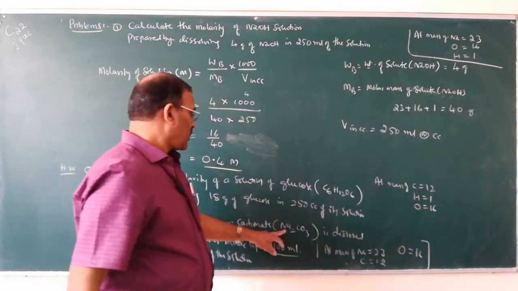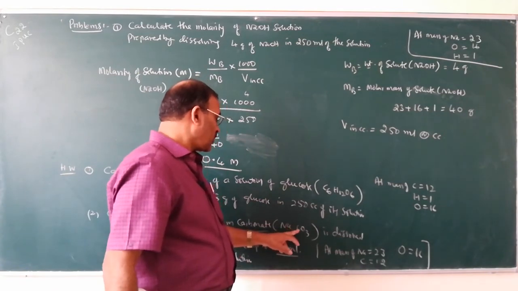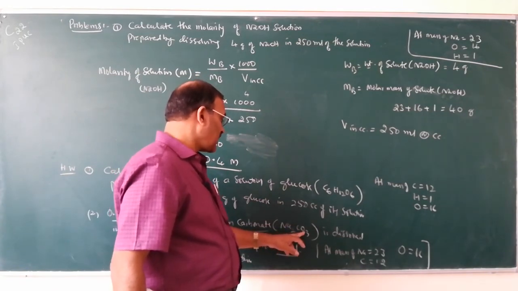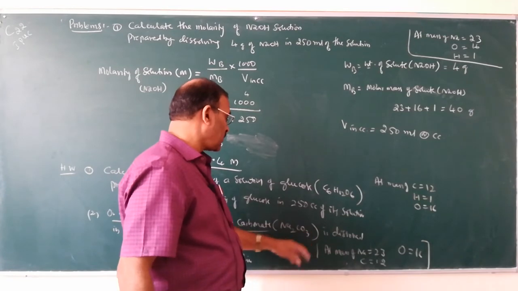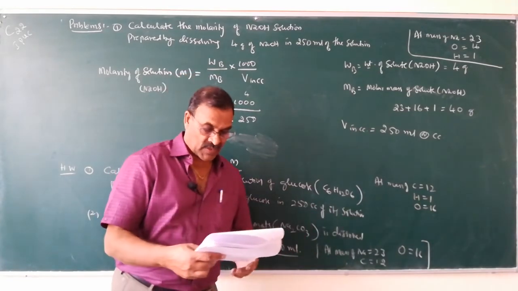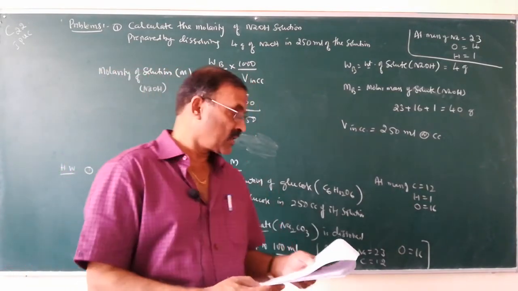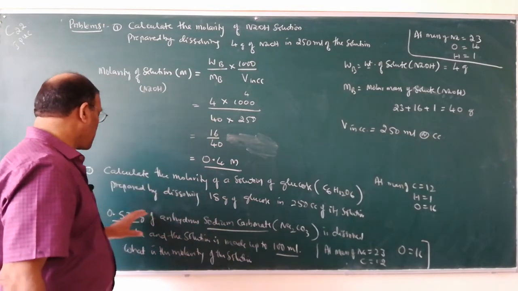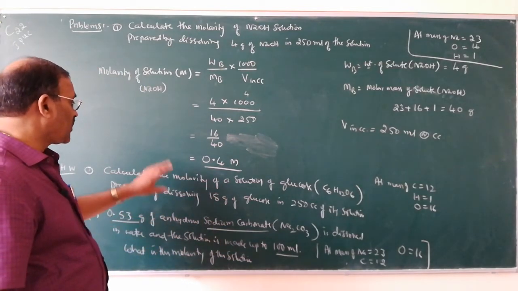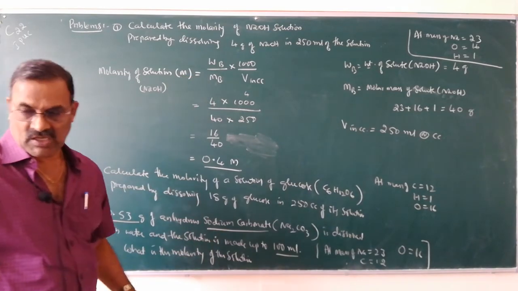So 23 into 2 plus 12 into 1 plus 16 into 3. So you will get the molar mass. Then calculate the molarity of this solution. So you have to use this formula.